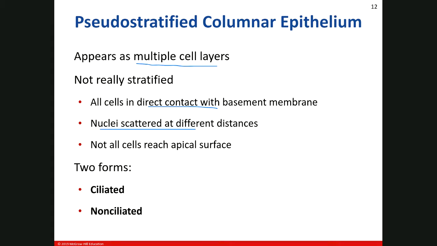Some are high, some are low, it's all over the place. But this is the important thing: not all of them will reach that apical surface. It gives us the appearance that these are stratified, but they don't all make it to the apical surface. So the two types are ciliated and non-ciliated.